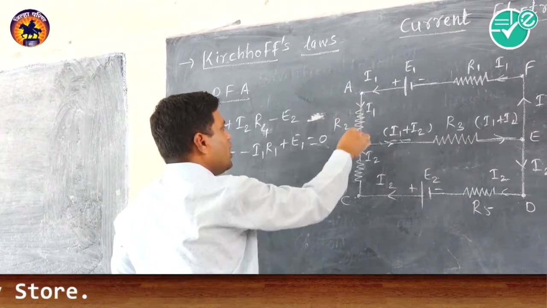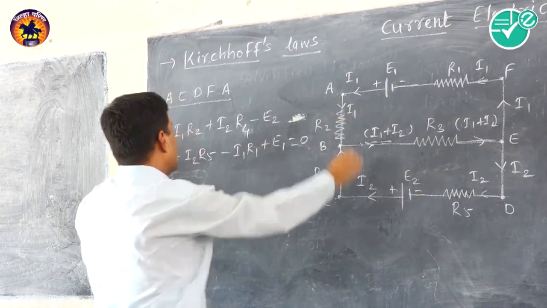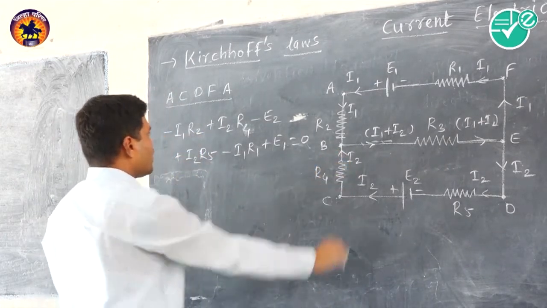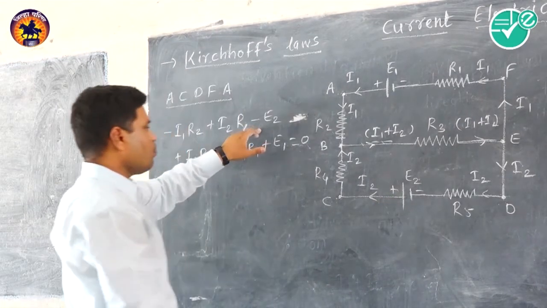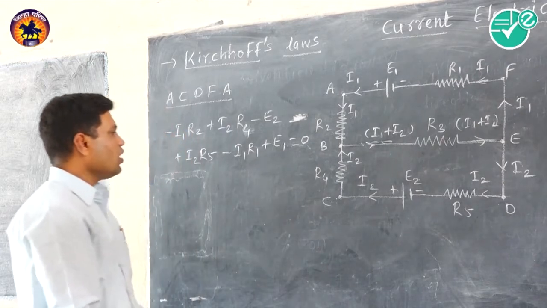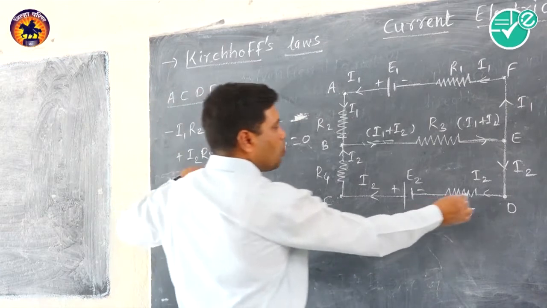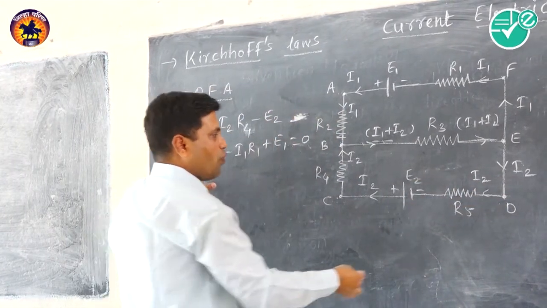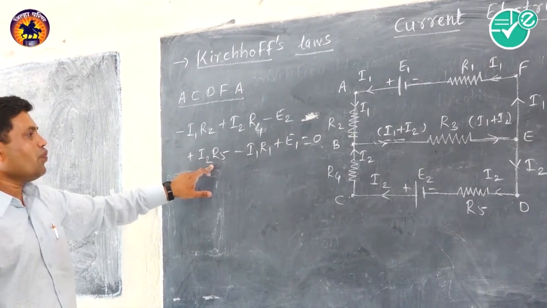While moving from A to B, I1 R2 is taken as negative because the current has the same direction. I2 R4 is taken as positive because the current has the opposite direction to the loop. Then we have taken E2 as negative because we are moving from the positive terminal of the battery to the negative terminal. I2 R5 is treated as positive because we are moving C to D and the current is moving opposite to the direction of the loop.